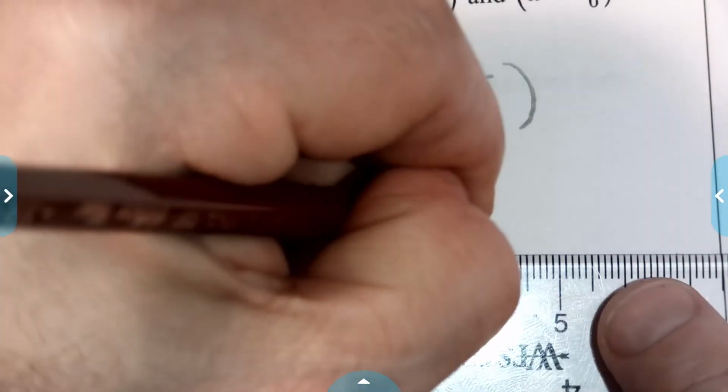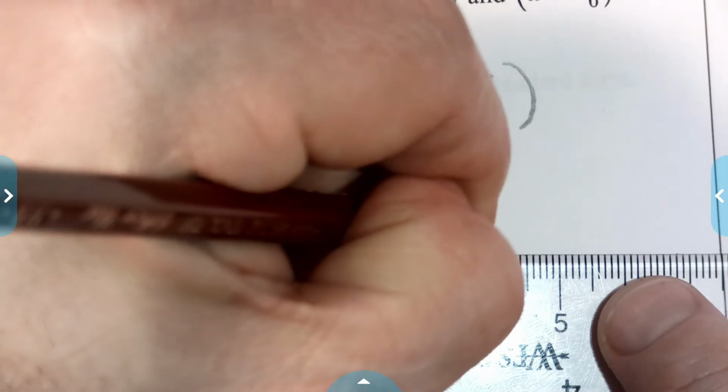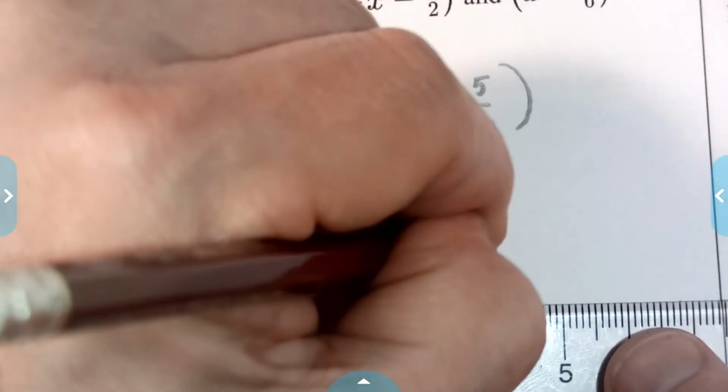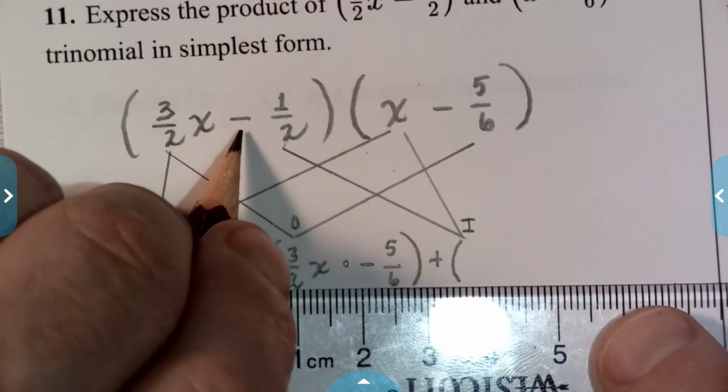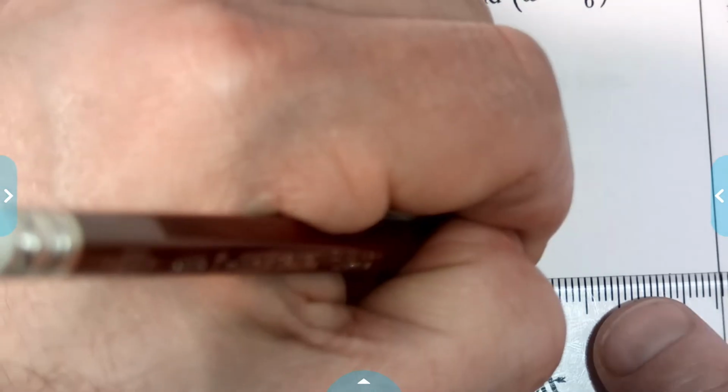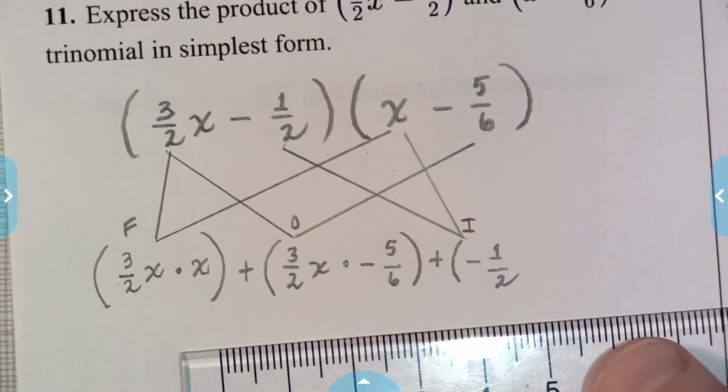That gives me that I. And what does that look like? Negative 1/2. See, this is where people make mistakes. Negative 1/2 times x.